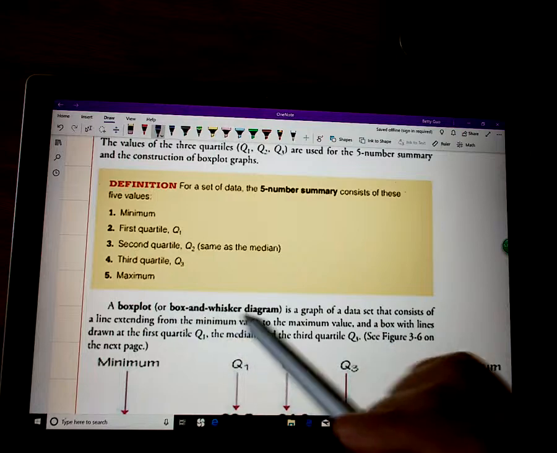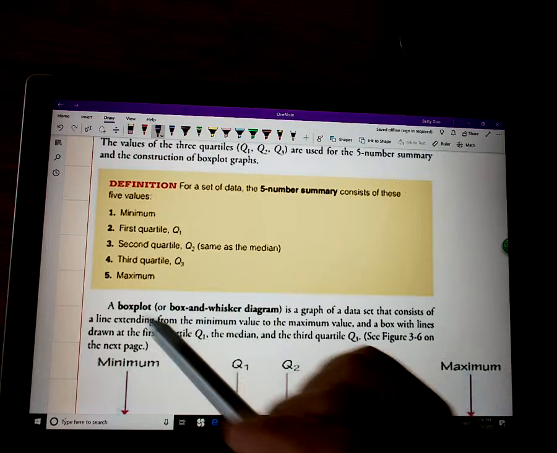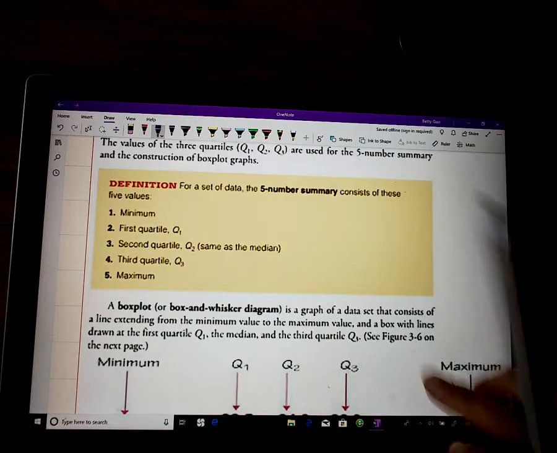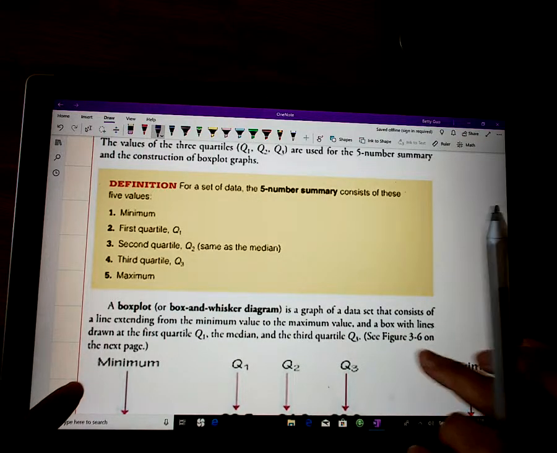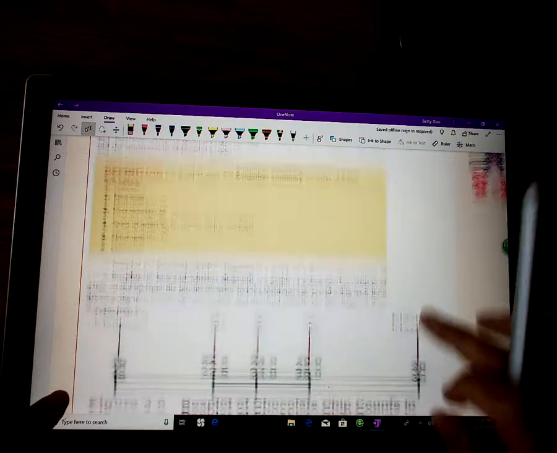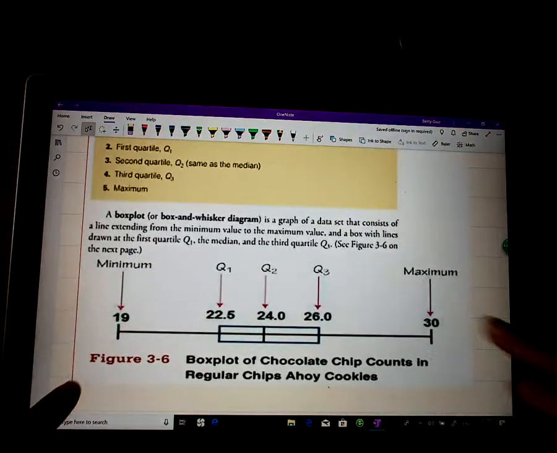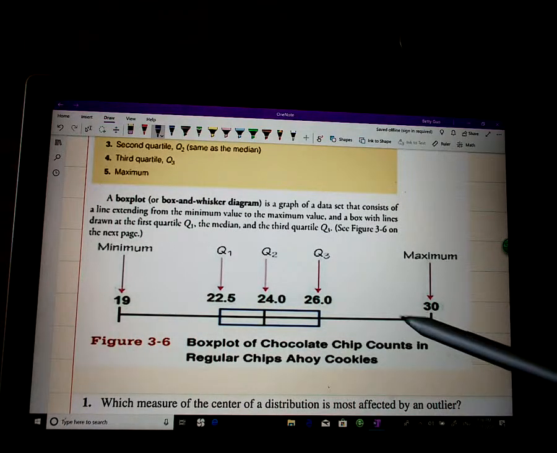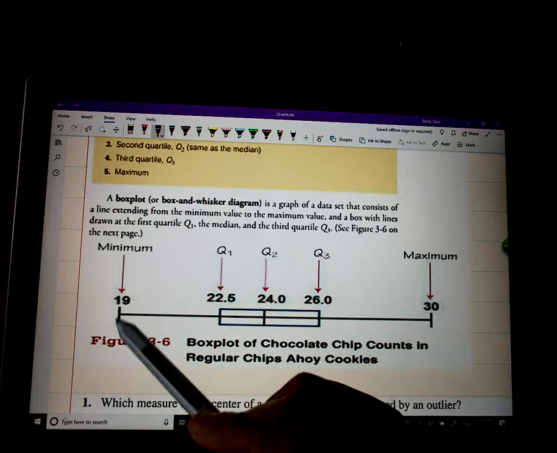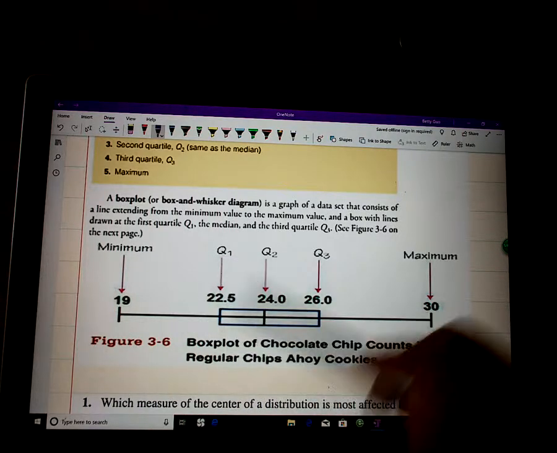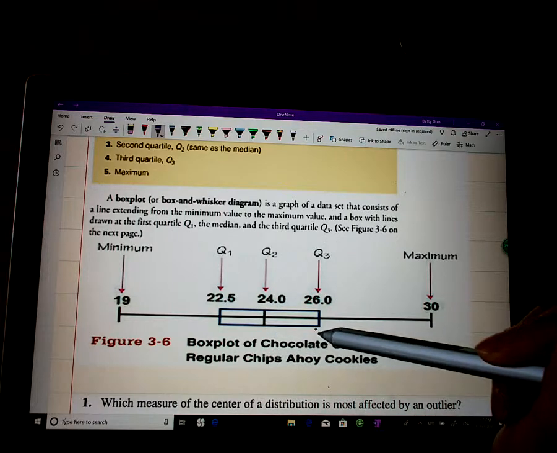We have a type of diagram to describe the 5-number summary. It's called a box plot or box and whisker diagram. What happens is you have this line segment, and you label minimum here, maximum here, and Q1 here, Q2 here, Q3 here, right?